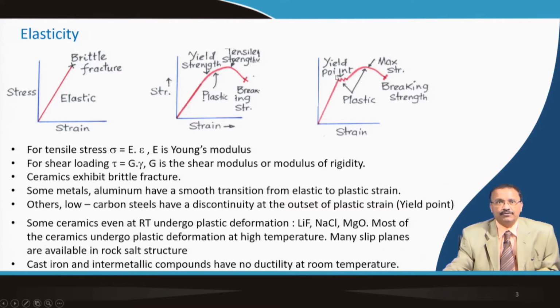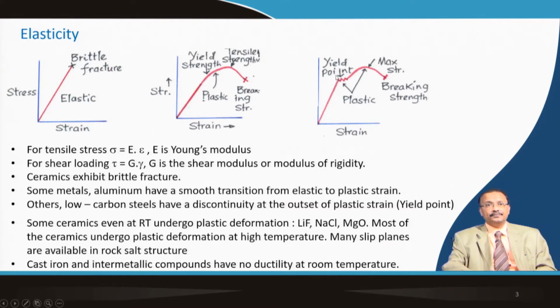It is specific to low carbon steels, and some ceramics even at room temperature undergo plastic deformation. The examples are ceramics with rock salt type of structure: lithium fluoride, sodium chloride, magnesium oxide. Other than that, most ceramics undergo plastic deformation at high temperature.